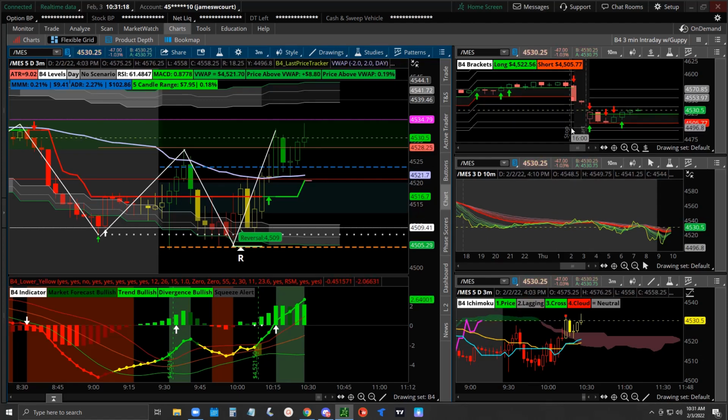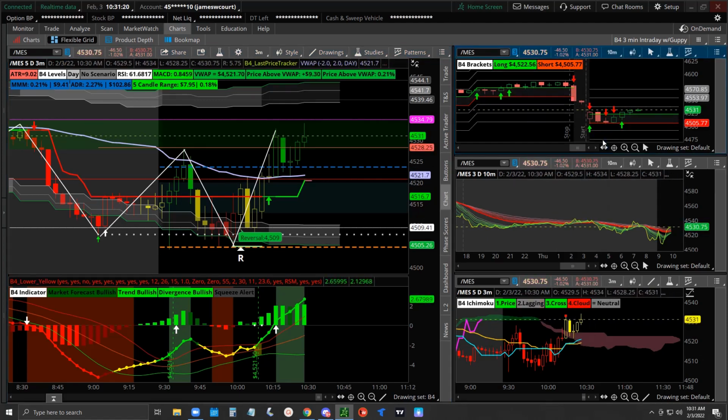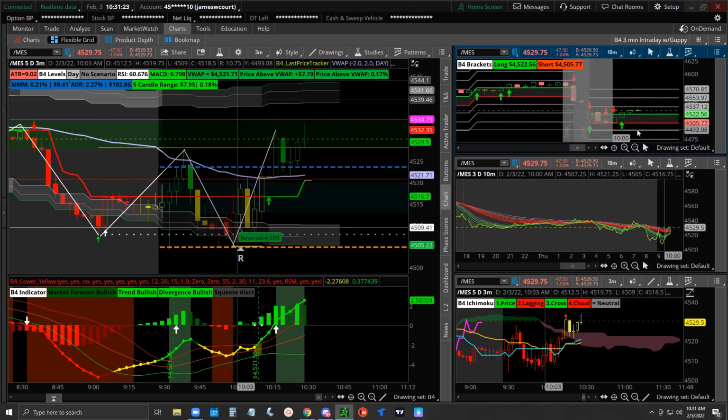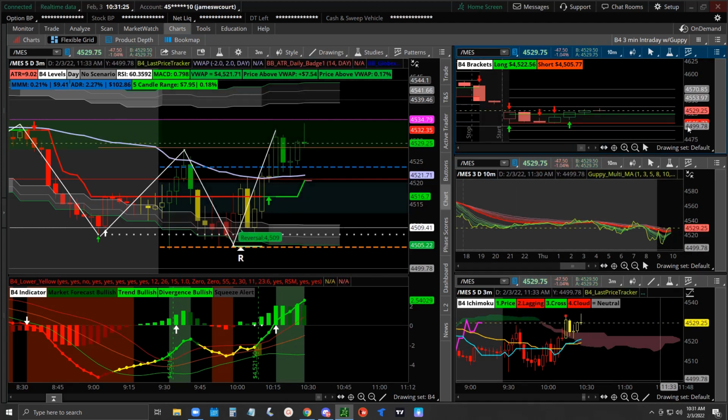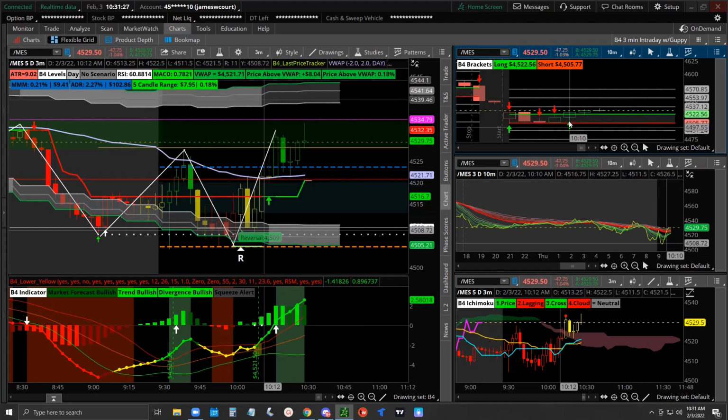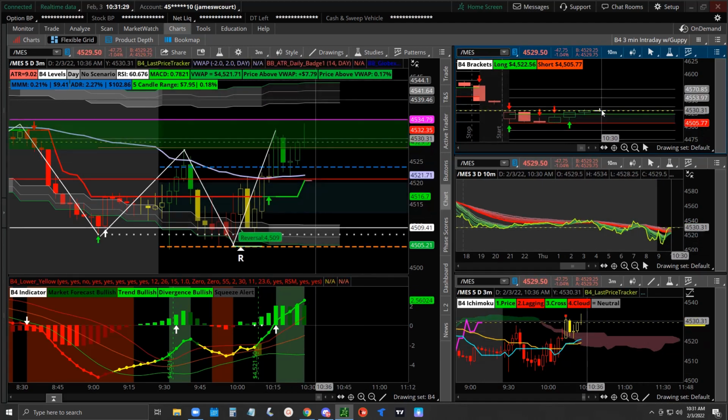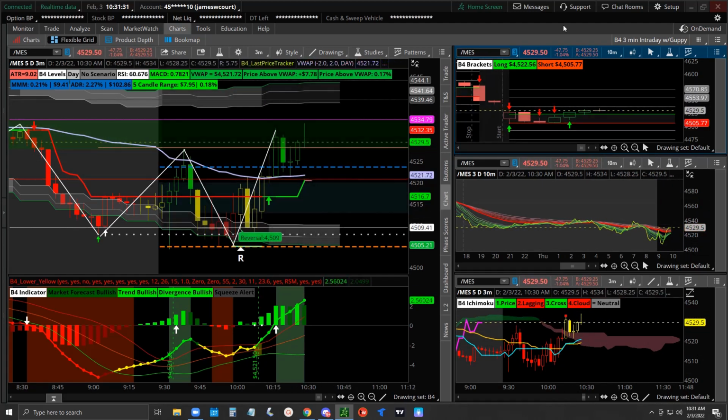Or the close of yesterday. If we can get above, gap close. I'm sorry, not close of yesterday, I meant this. But if we do get above the low of yesterday, we become bullish. That means they're going to want to close the gap.